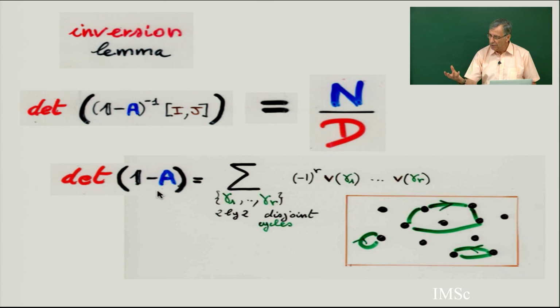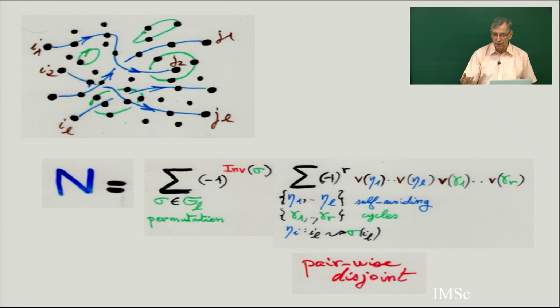Now what is the numerator? So you have your blue path. For a given configuration, it's the sum over all configurations of blue paths with the weight, self-avoiding, all pairwise disjoint.